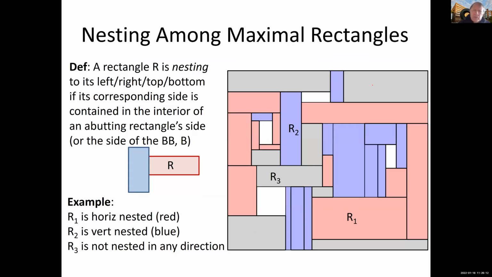Now, once we have maximal rectangles, I'll define a nesting relationship. The rectangle R is nested to the left if its left boundary is interior to the right boundary of an abutting rectangle, like this blue rectangle here. And so each rectangle can be classified as being horizontally nested, which I color red, vertically nested, which I color blue, and those that are not nested at all will be gray.